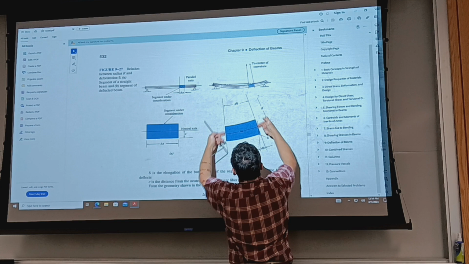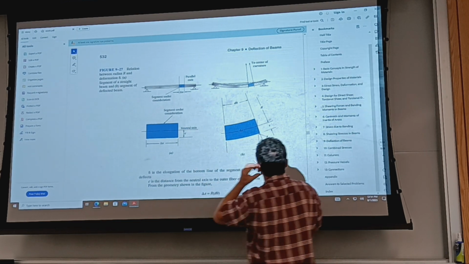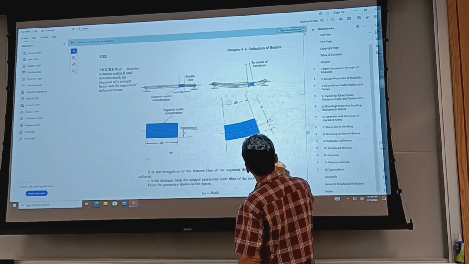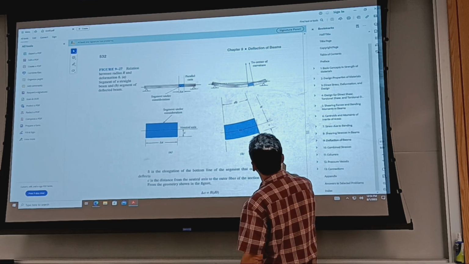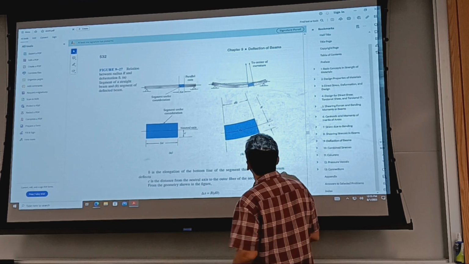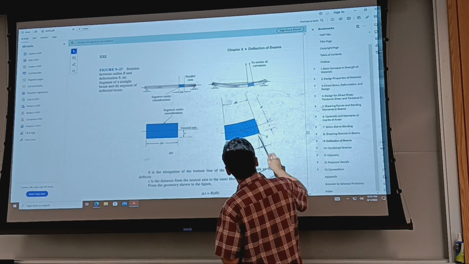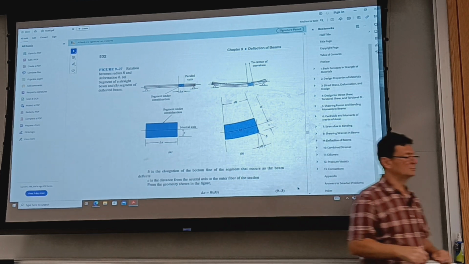We have compression on top and maximum stretch below. So we need to relate this small deflection to the stresses developed in the beam, and ultimately to the flexure formula.